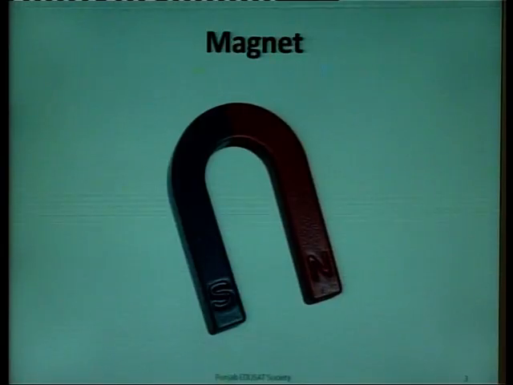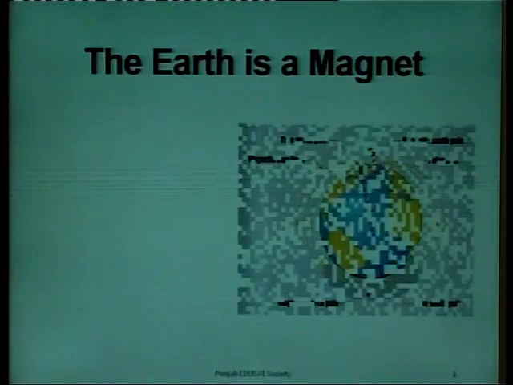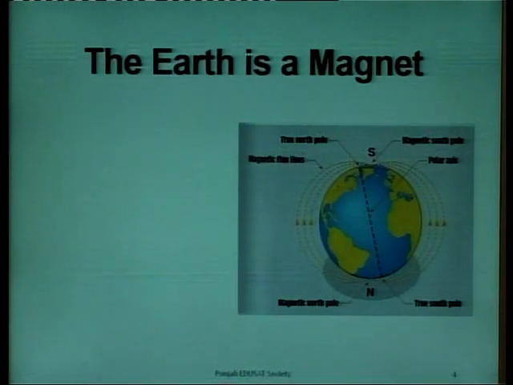As we can see, a magnet has two poles, north and south. This is a horseshoe magnet having two poles of north and south. Now we can say that the earth is a magnet.